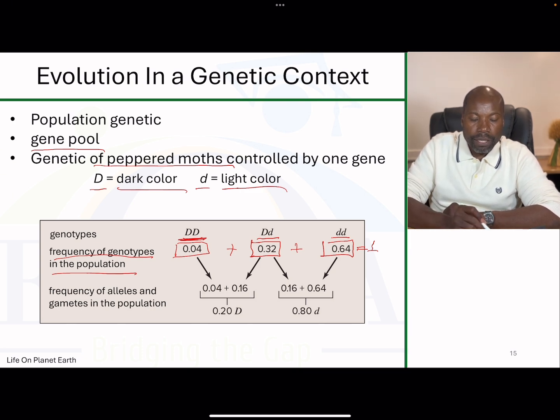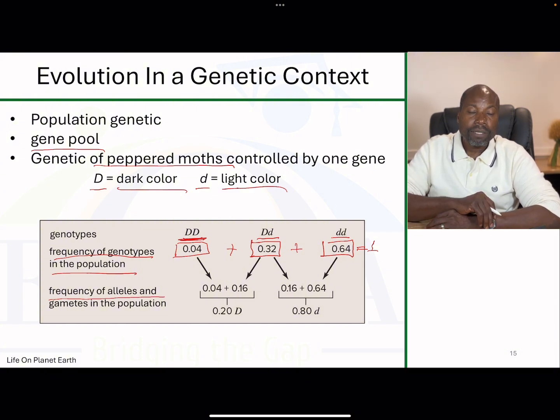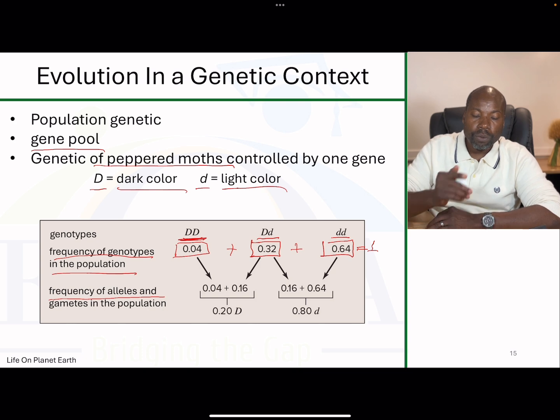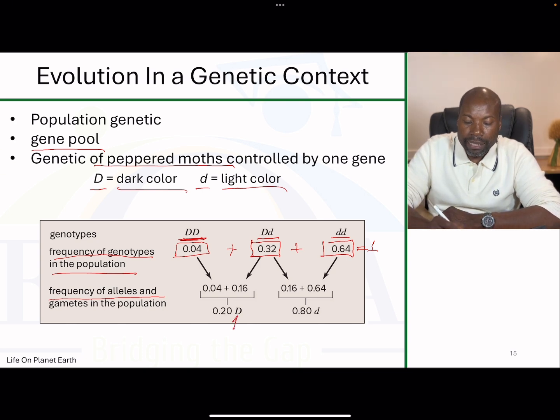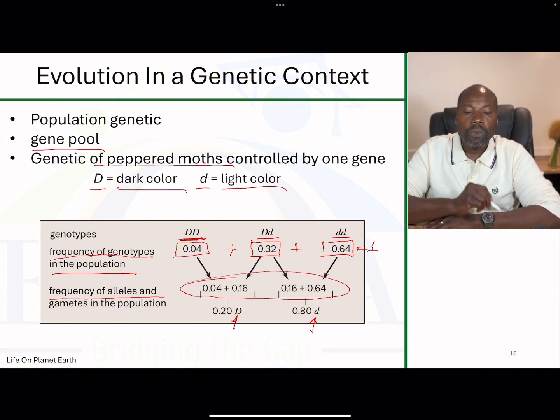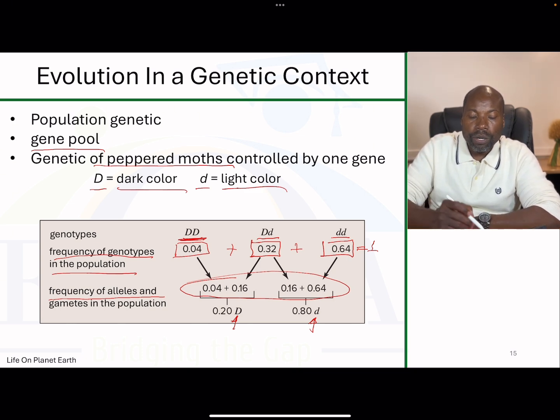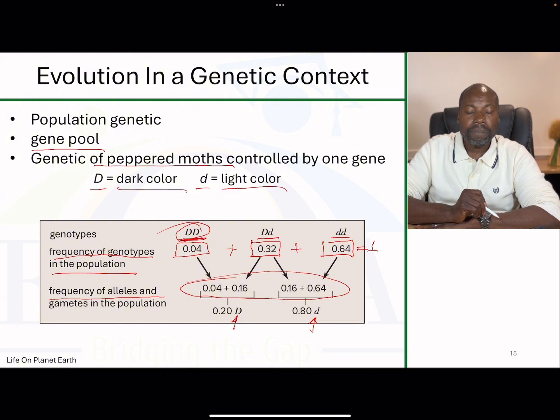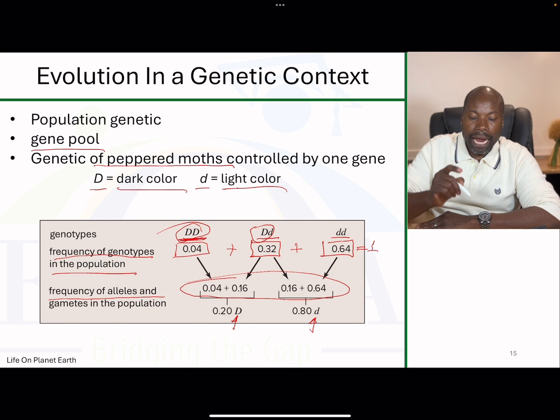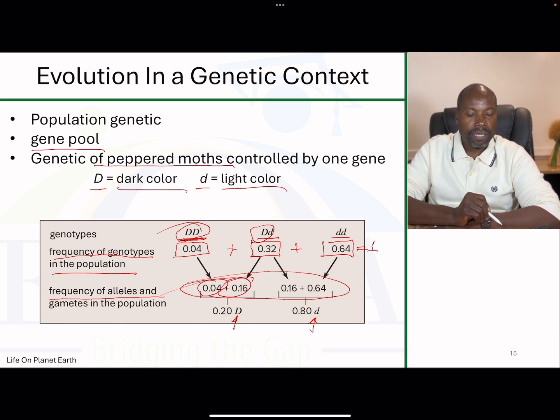What is the frequency of an allele? When we talk about the frequency of an allele, we consider capital D and lowercase d. Considering these numbers, what is the frequency of each allele? Capital D occurs here, but capital D also occurs here, so I add up 0.04 and 0.16.